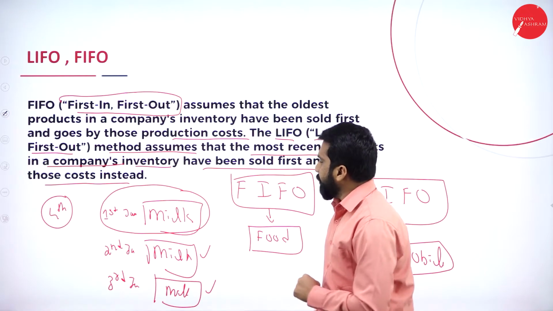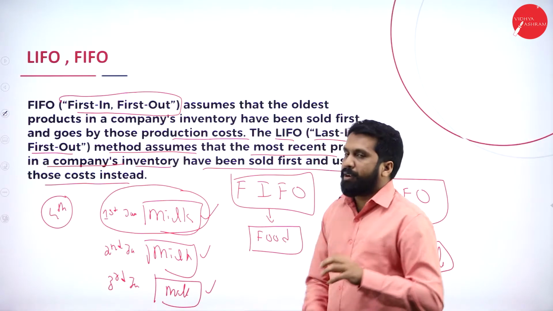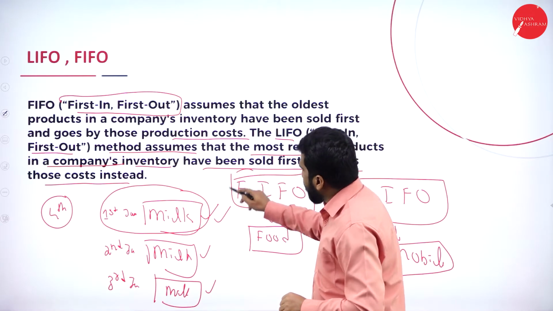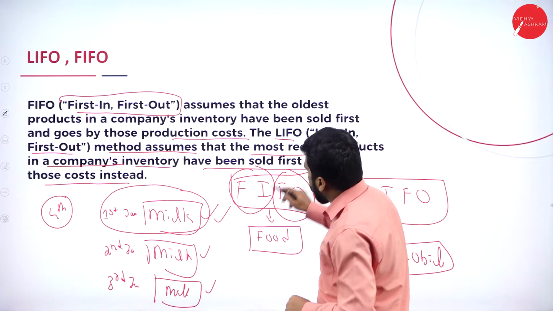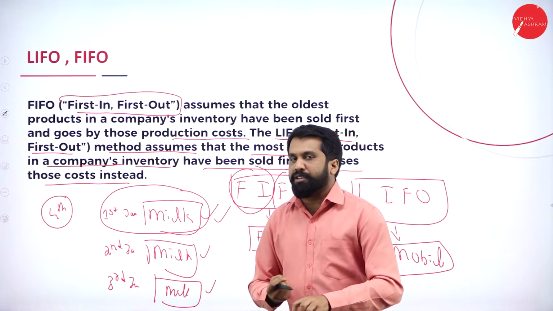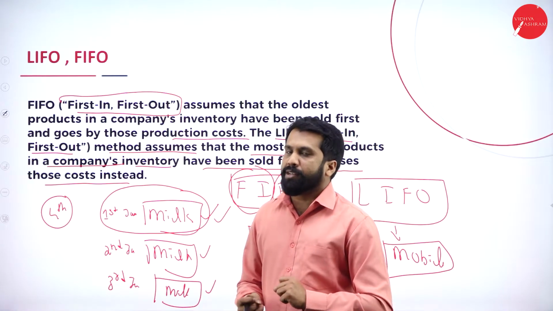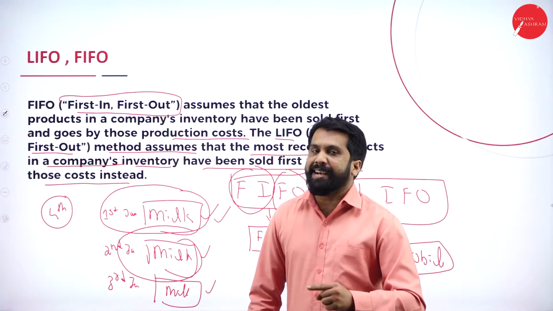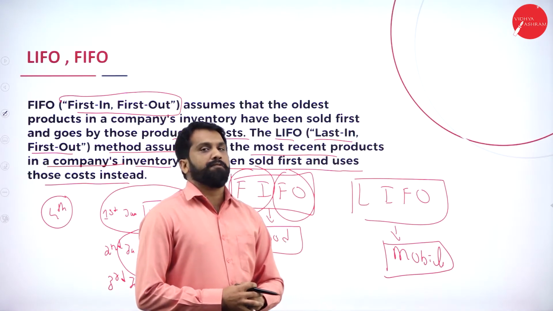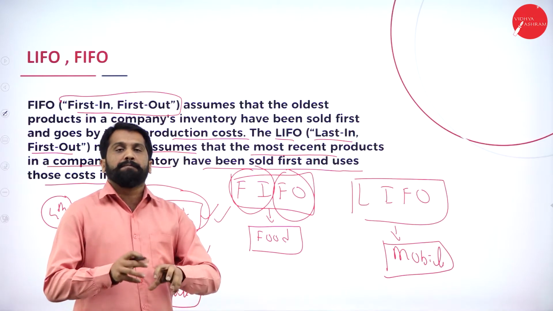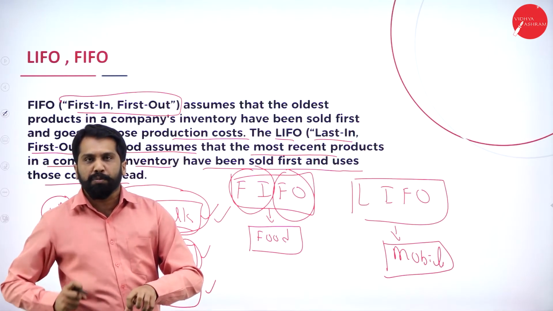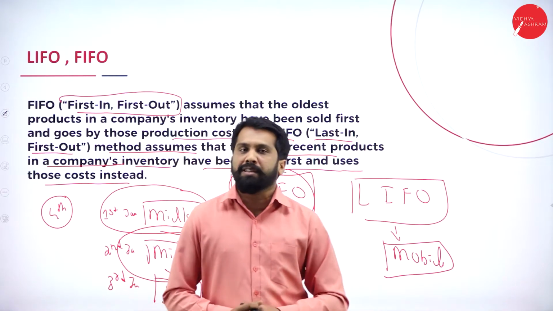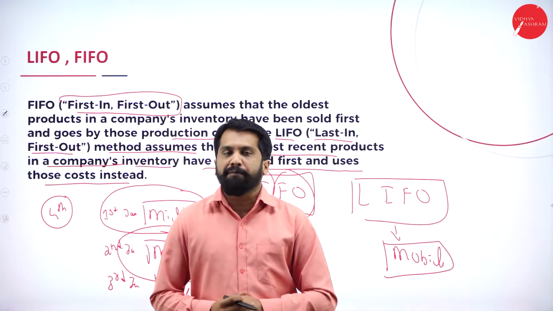This is nothing but first in, first out. Whatever you collected first, you used first. Whatever you collected later, you used next. This is called FIFO. Hope you understood. First in, first you bought; first out, first you used. Clear? This is all about FIFO.